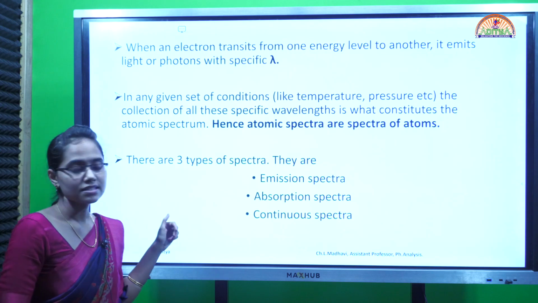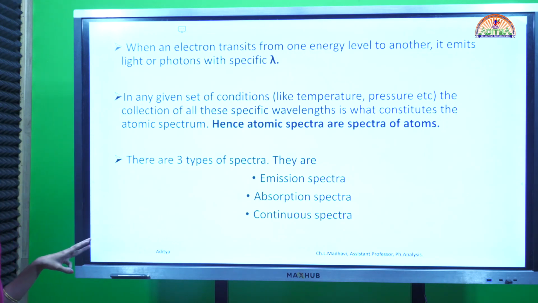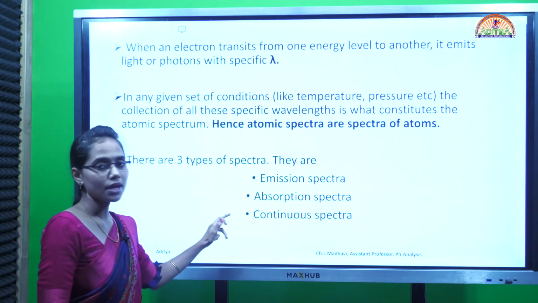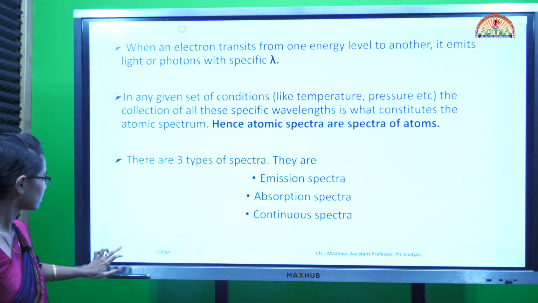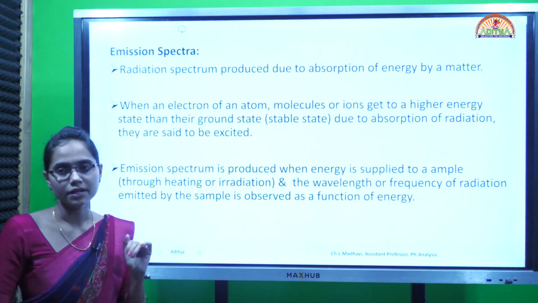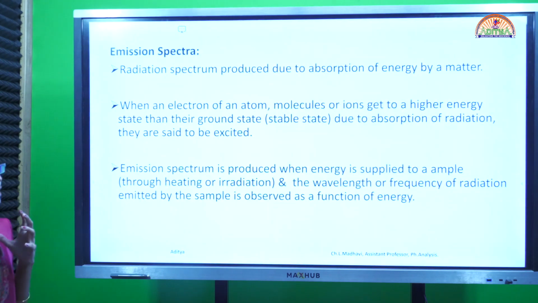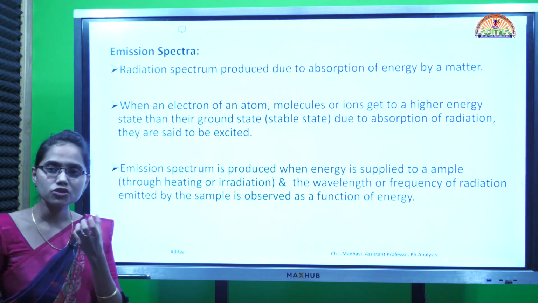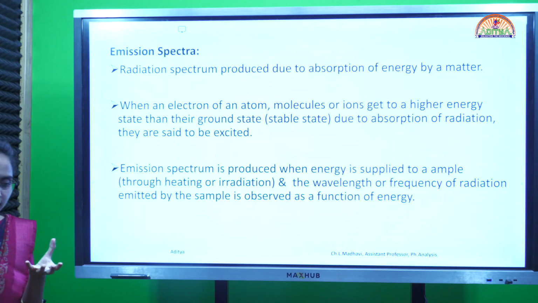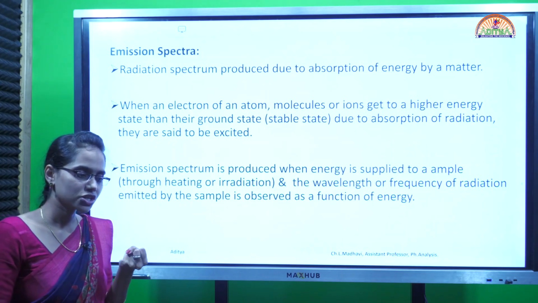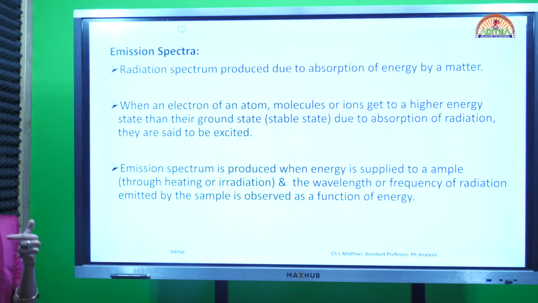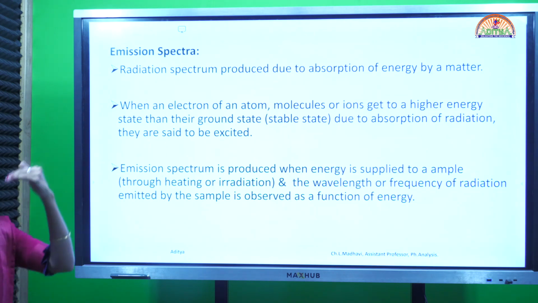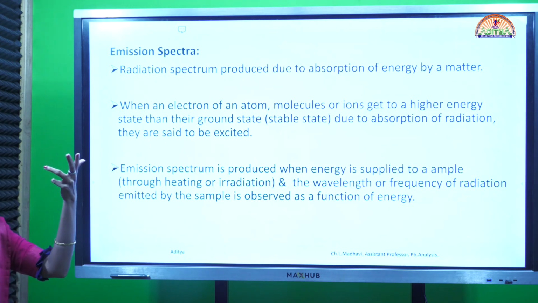So in atomic spectra we have three types of spectra: emission spectra, absorption spectra and continuous spectra. First, emission spectra. For an emission to happen, first absorption of radiation should happen. When an electron travels from a lower energy state to a higher energy state, it absorbs radiation.